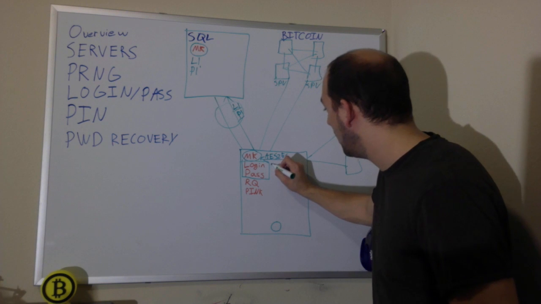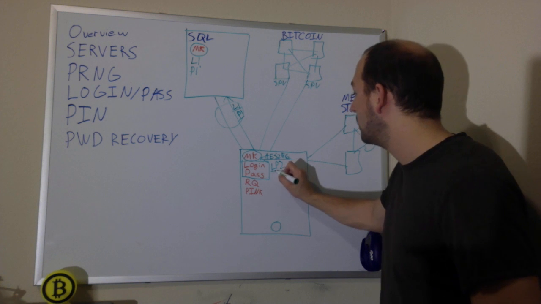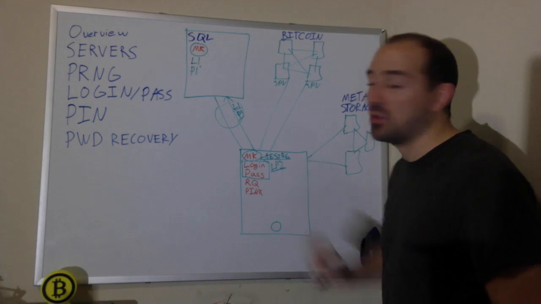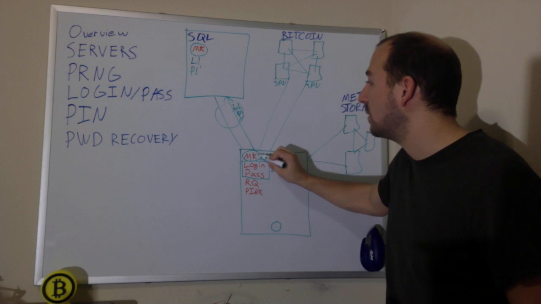What actually unlocks this package is LP2. So it's your login plus your password with a different hash algorithm, which is what the 2 signifies there. And that's what actually unlocks this package.